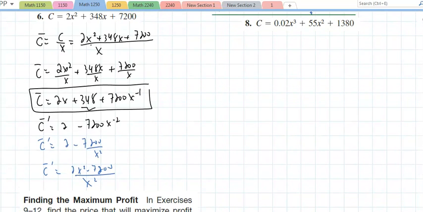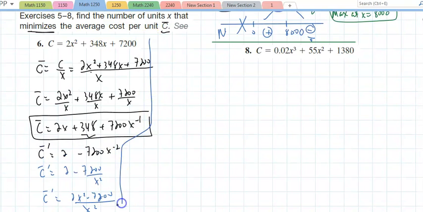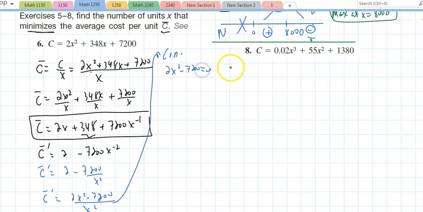So my critical numbers would be where the derivative equals 0, and where the derivative does not exist. Well, that is when x equals 0. That's always the case. That's useless. This one is when 2x squared equals 7200, x squared equals 3600, and x would equal 60.